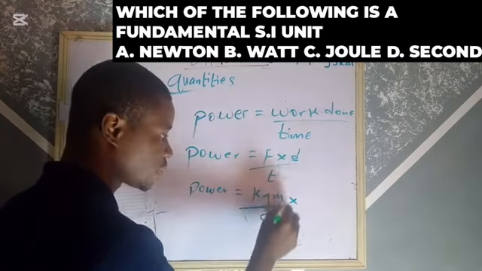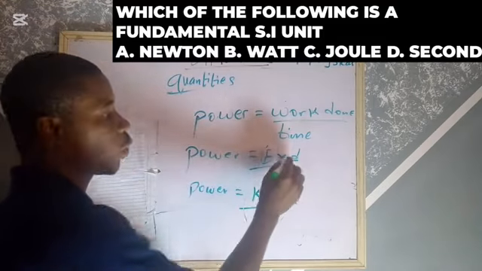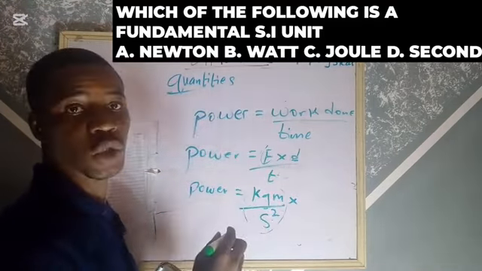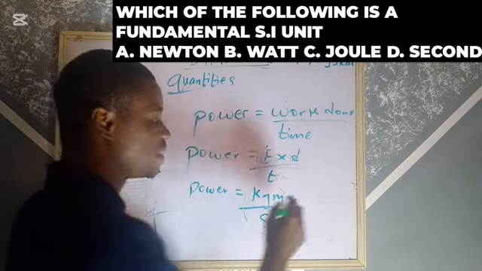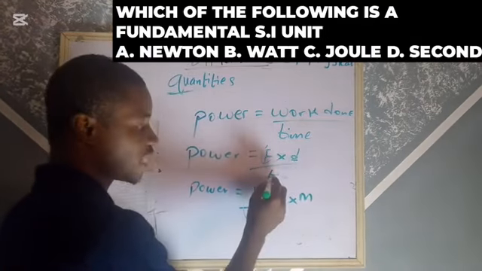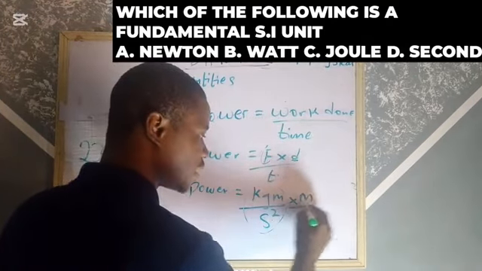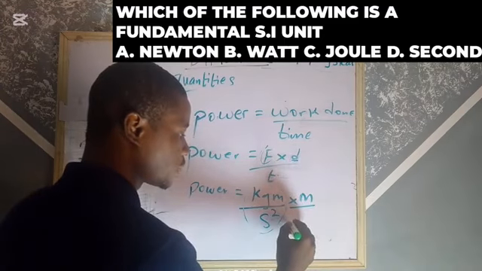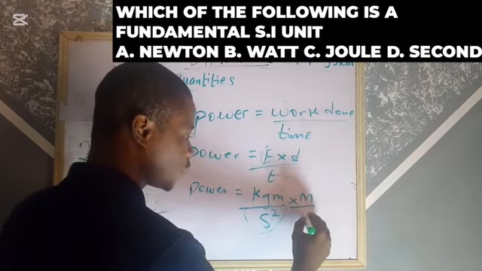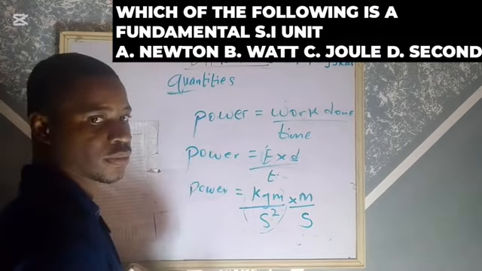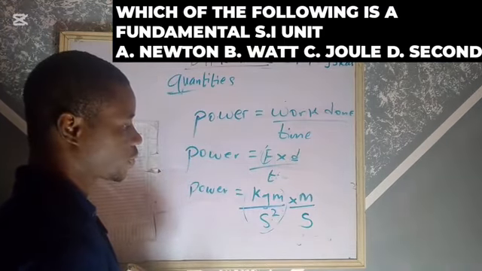The whole of this is the unit of force alone. What about distance? Distance has its own unit, which is meter. Remember, we still have divide by time. Time is in seconds. Are you seeing it now?